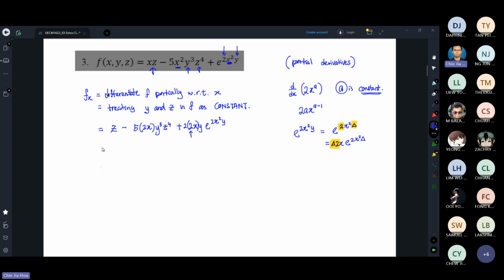So let's try to rewrite it so that it looks better: x y cubed z to the power 4 plus 4xy e to the 2x squared y.